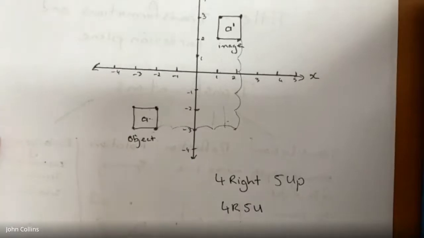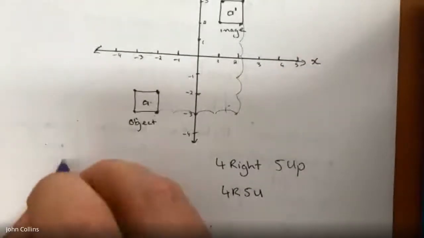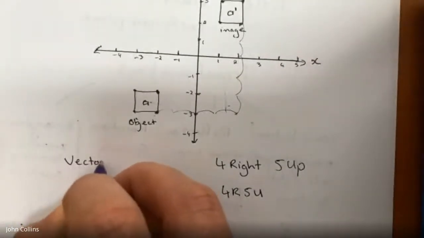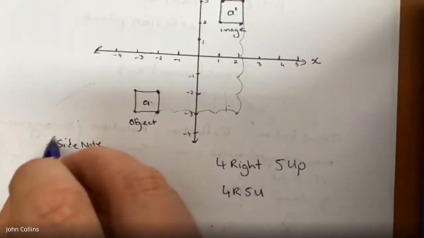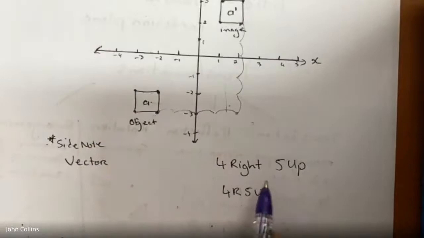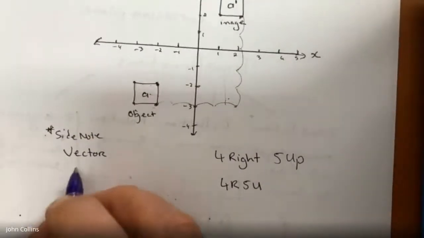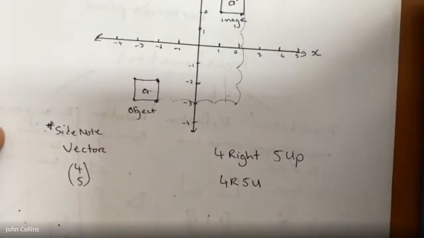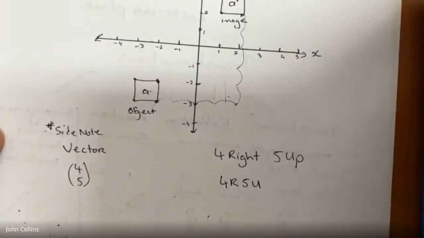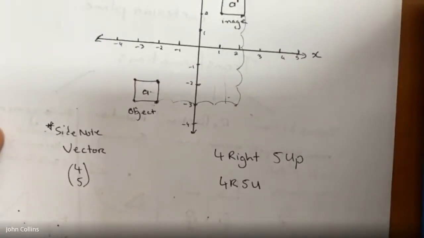There is a way of doing this using something called vectors. Now, we're not going to use it this year. It's just a side note. If you want to put it in, you can. This written as a vector is 4, 5, like that. And if it was left 4, it would be -4.